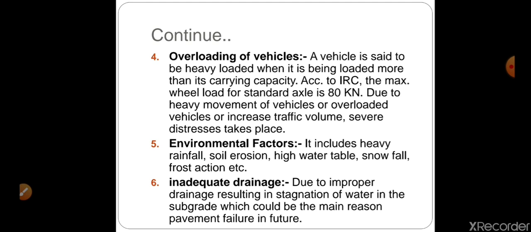If you do not provide proper drainage systems, the water runs into the different pavement layers all the time, or it starts stagnating on the pavement surface also. Due to improper design, stagnation of water in the subgrade could be the main reason of pavement failure. The water starts penetrating into the different layers, and that leads to potholes and other kinds of distresses or failure.